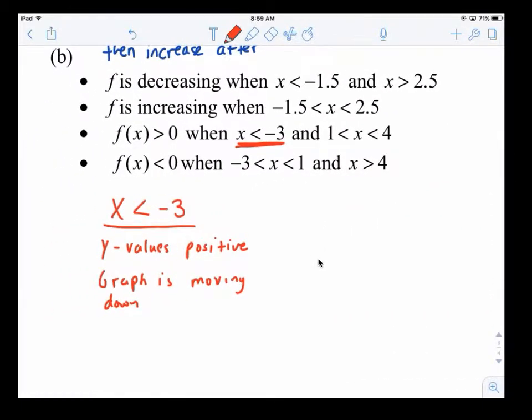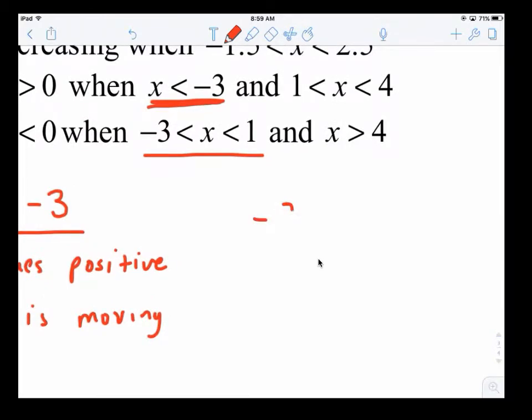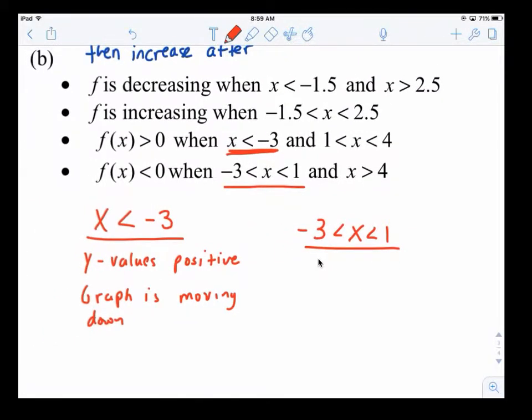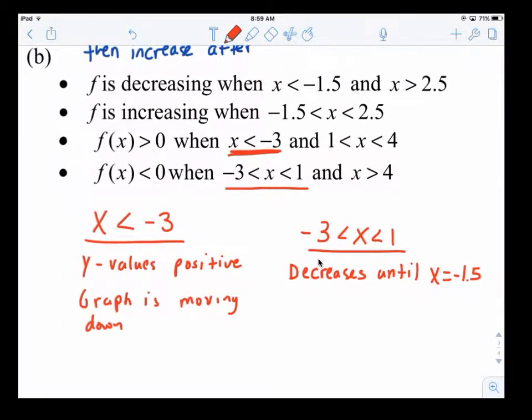All right. So what would be the next piece? Right. Good. So we know -3 is less than x, which is less than 1, right? We know it decreases until about -1.5. So it decreases until x equals -1.5. And then what does it do from -1.5 to 2.5?